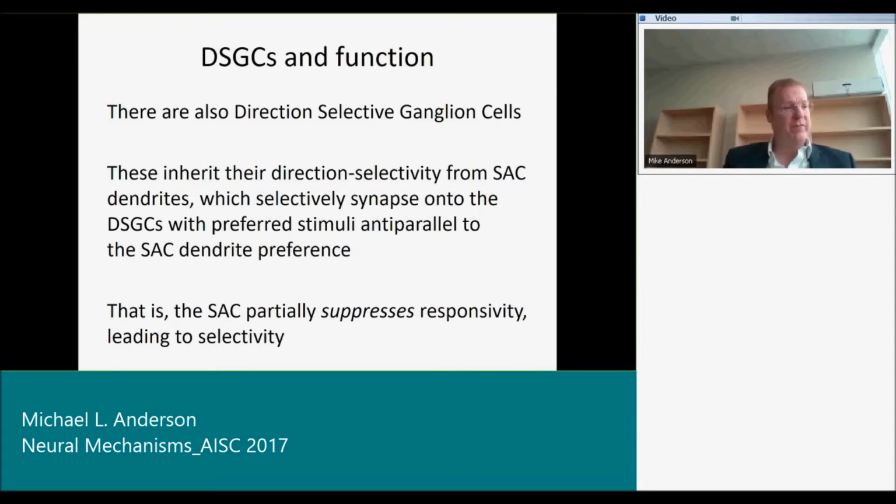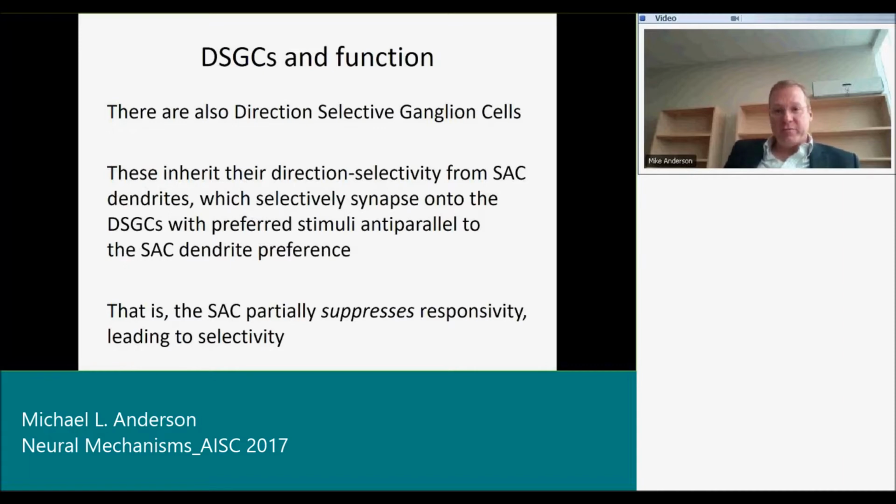Just to make the point further, there are also something called direction selective ganglion cells in the retina. And these actually inherit the direction selectivity from the SAC dendrites, right? The SAC dendrites selectively synapse onto these direction selective ganglion cells and suppress their responsivity.